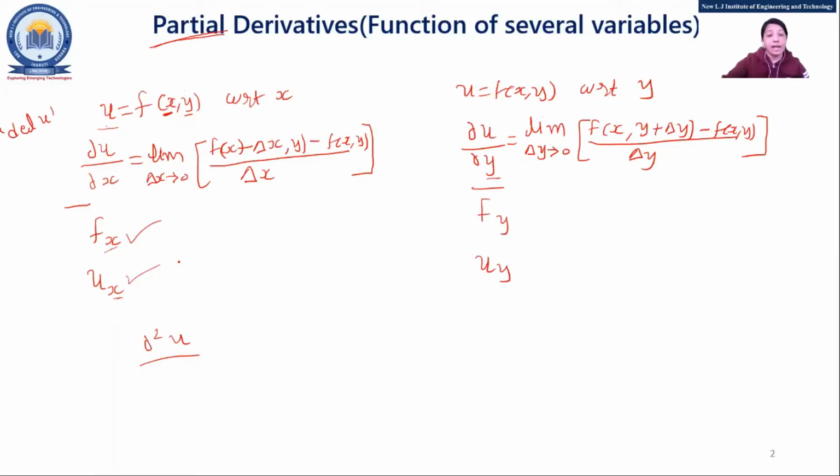Now higher order derivatives. That means del square u by del x square, which is the partial derivative of del u by del x with respect to x again. Sorry, here it's not u.